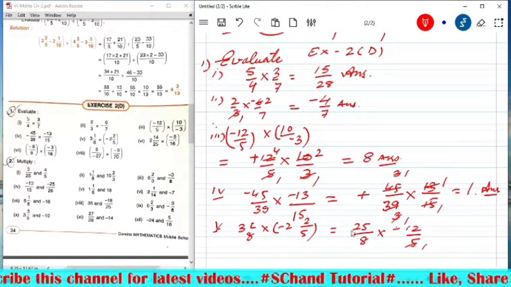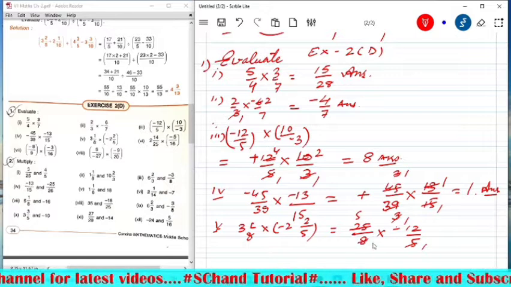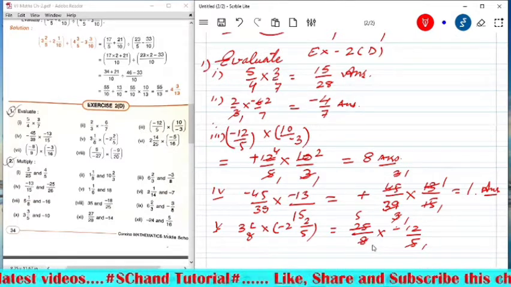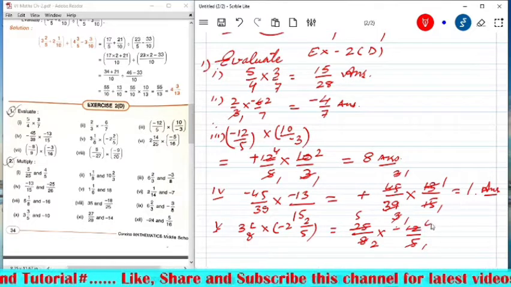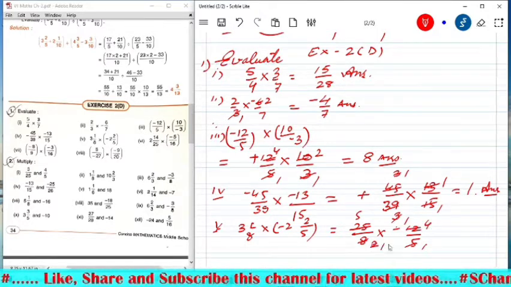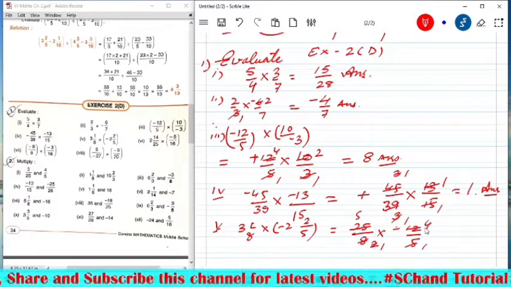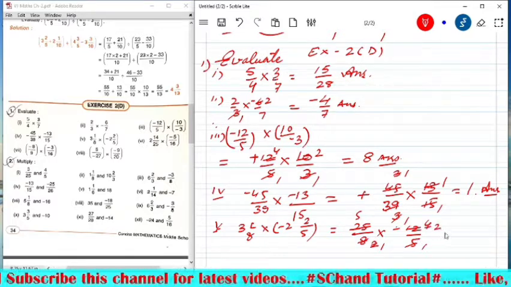So 5 ones are 5, 5 fives are 25, 2 fours are 8 and 4 threes are 12.